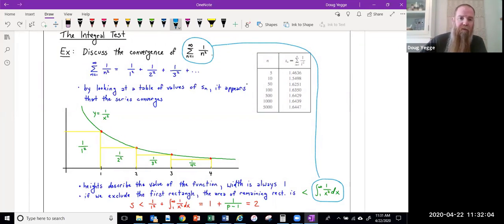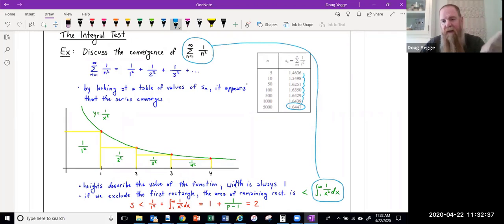Okay, so I want to kind of go through this process here. Now let's just say that we wanted to discuss the convergence of this series. We know that by plugging in 1 and plugging in 2 and plugging in 3 and so on is going to give me a series that looks like this. And if you were to look at a table of values for all of these, the sum seems to be getting closer and closer to some fixed value.